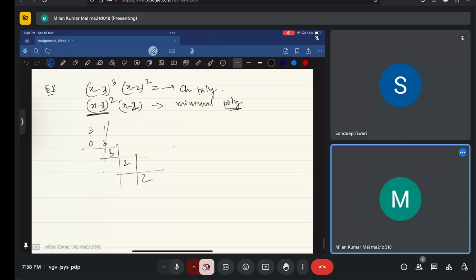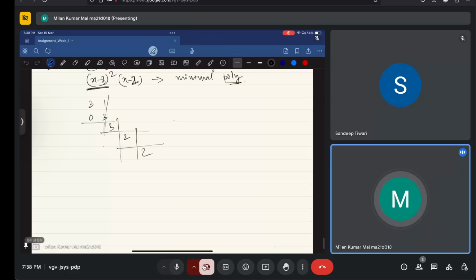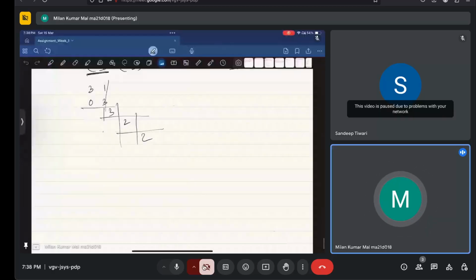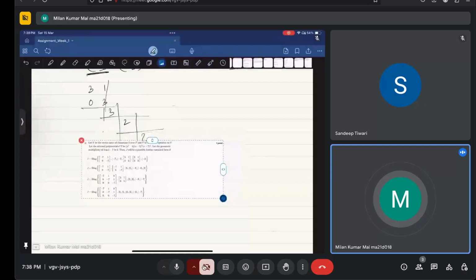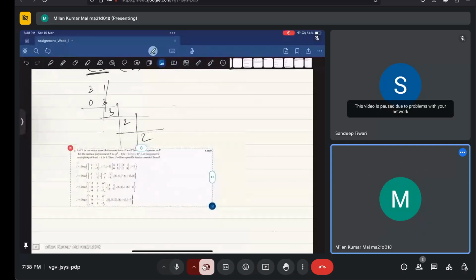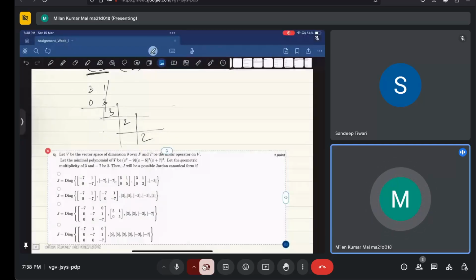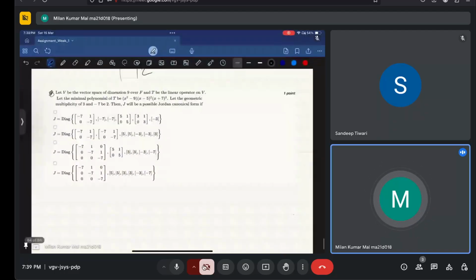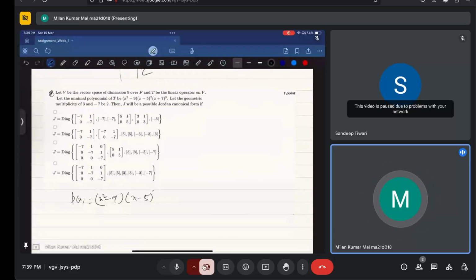Okay, so let's go to the problem. I'll do that problem, and after that the triangulizable thing. I think this was the problem. Yeah, this is the problem. Here it is said that V is a vector space of dimension n, T is a linear operator, and the minimal polynomial is given: p(x) equals (x square minus 9)(x minus 5) square (x plus 7) cube.